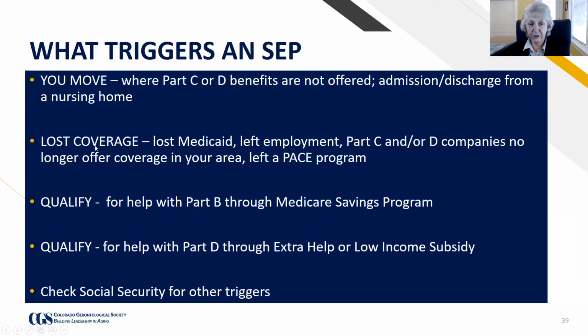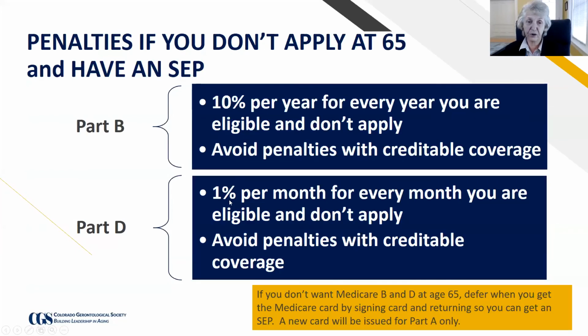The second way to trigger an SEP is if you lost Medicaid, you either retired or were terminated from your employment, or the Medicare Part C or D company that you were receiving coverage from has left your area. You can also qualify for an SEP if you need help paying for your Medicare Part B through the Medicare Savings Program, or D through the Extra Help or Low Income Savings.